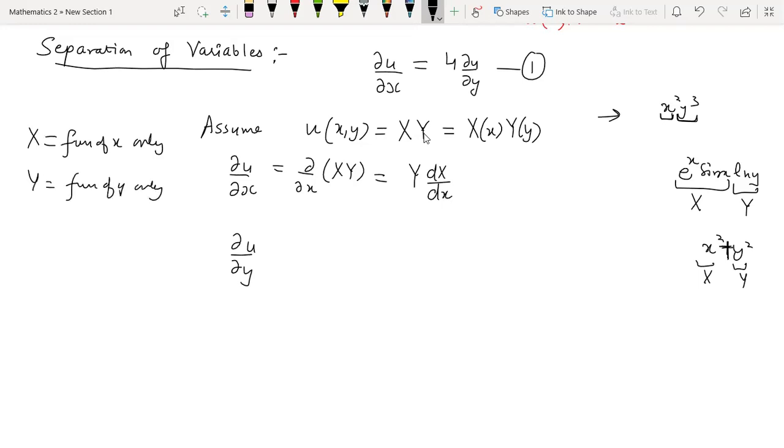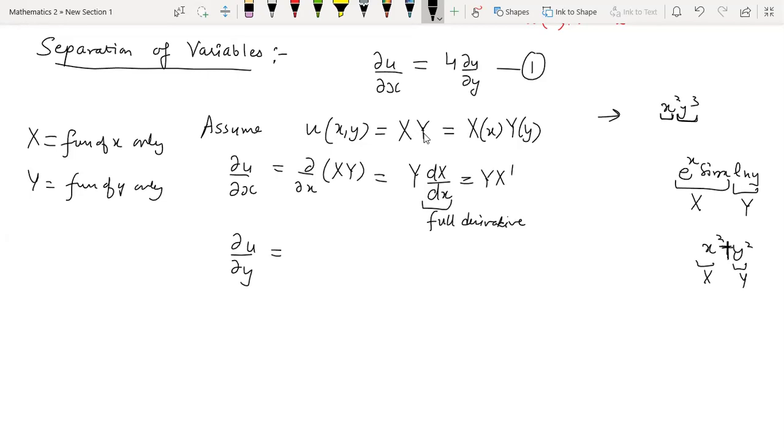So when you are partially differentiating X into Y with respect to x, Y will be treated as a constant, so that will just come outside, and this will be del X by del x. The del X by del x will actually be written like dX by dx, because this can be written as a full derivative now, because capital X is just a function of one variable, so its derivative is going to be a full derivative, not a partial derivative. So this is Y into X dash.